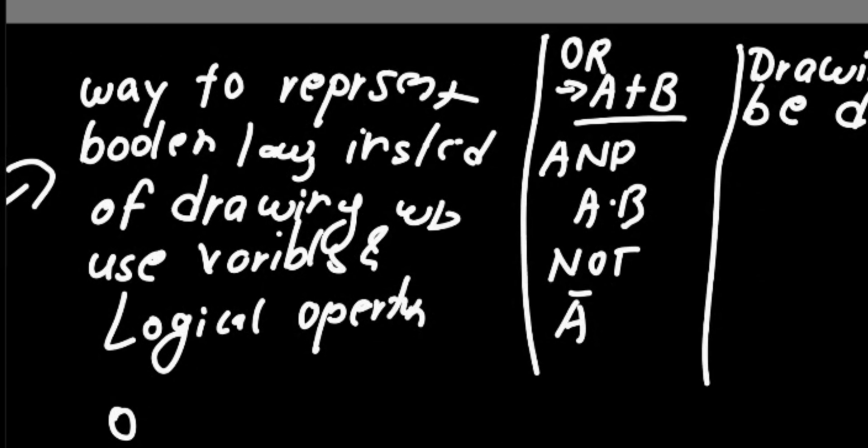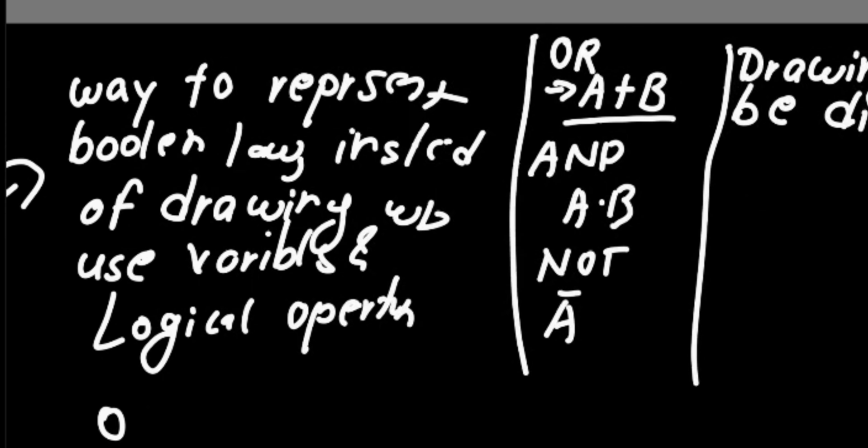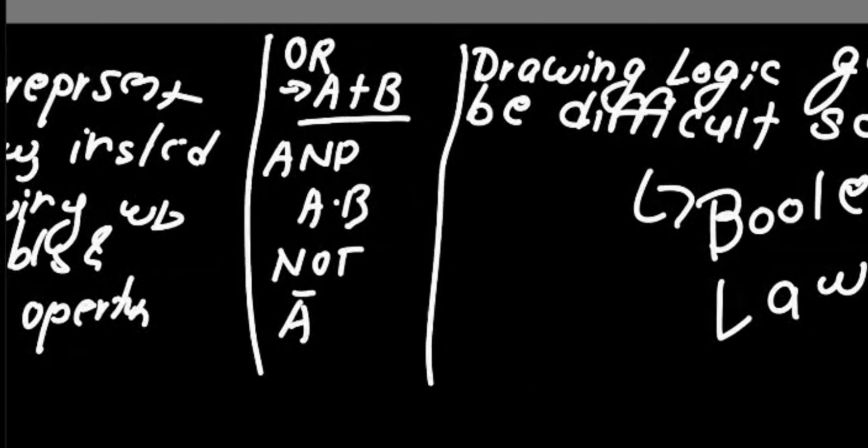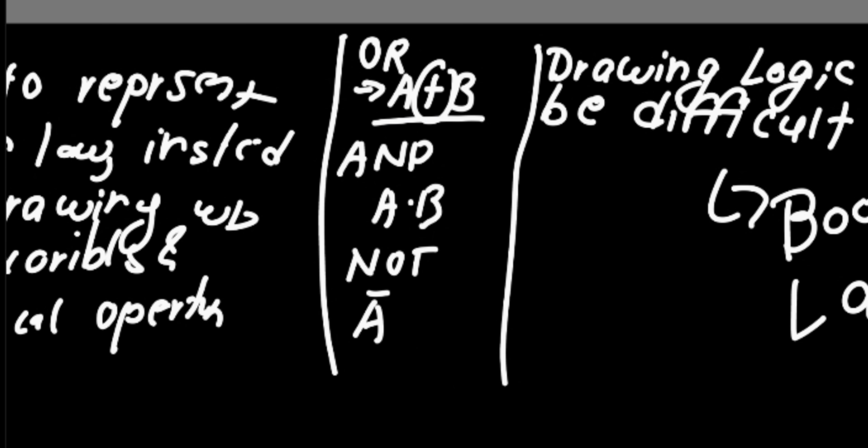For example, we have been using logical or Boolean expressions in our logic gates. In the OR gate we use the plus sign: A or B, A plus B. This is a Boolean expression.